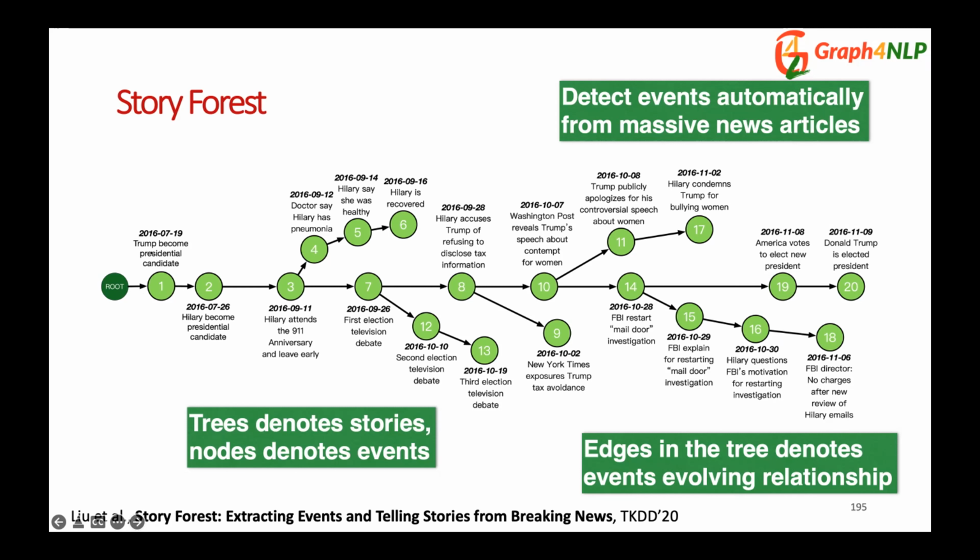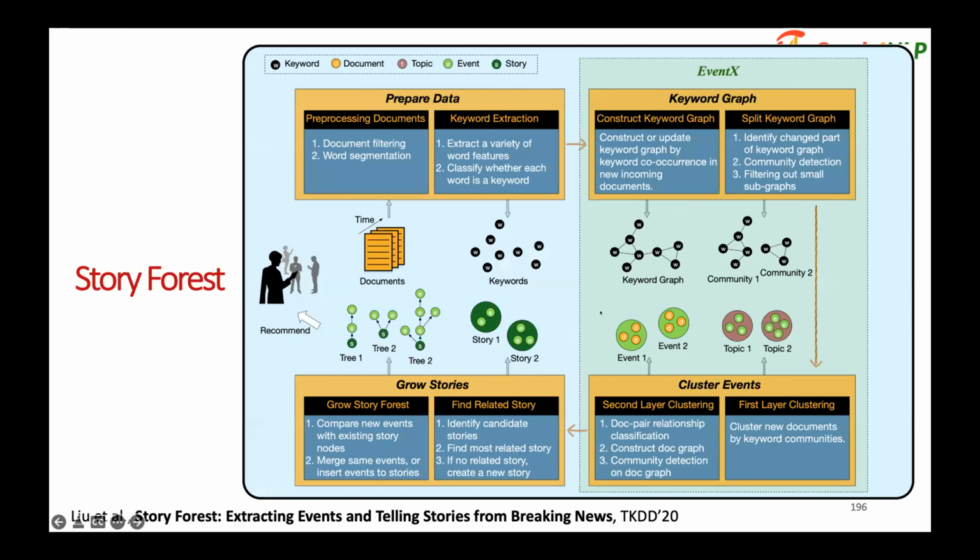Let's say it starts from Trump becoming the presidential candidate until he is elected president. And we have several branches, such as the different television debates and the email scandal of Hillary. Here, the key question is how we can cluster different articles into fine-grained event clusters.